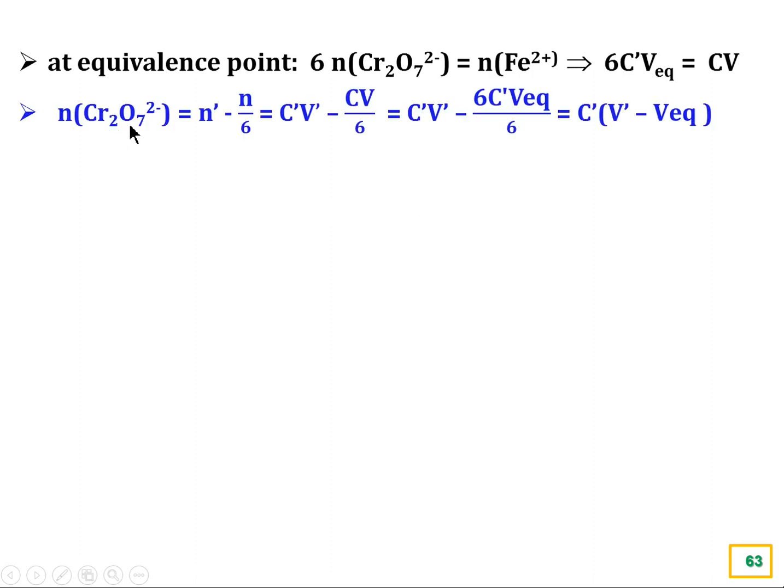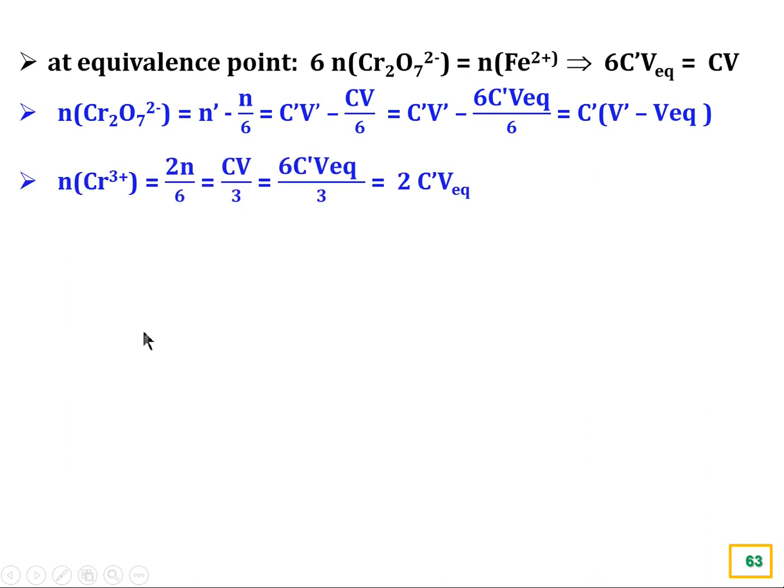So the number of dichromate in excess is N prime minus N over 6, where N prime equals C prime V prime and N equals CV, divided by 6. We put CV by its value, so it's C prime V prime minus 6 C prime V equivalence divided by 6. So the number of dichromate in excess is C prime times V prime minus V equivalence.